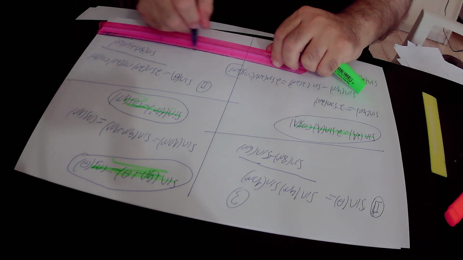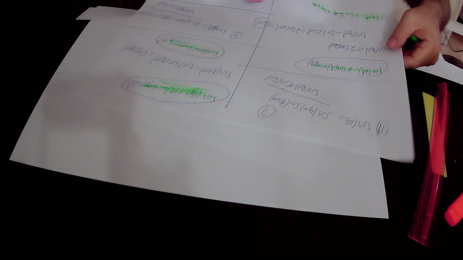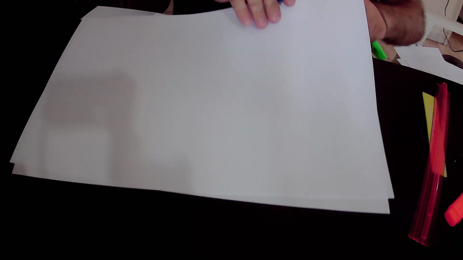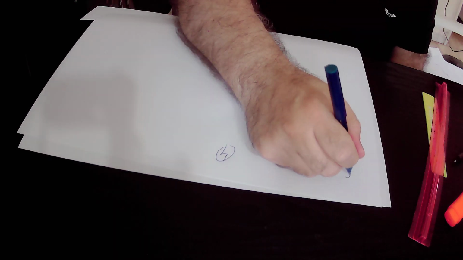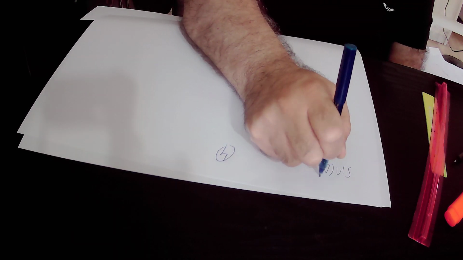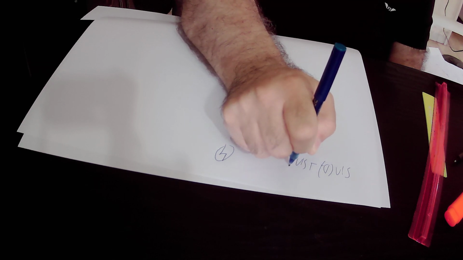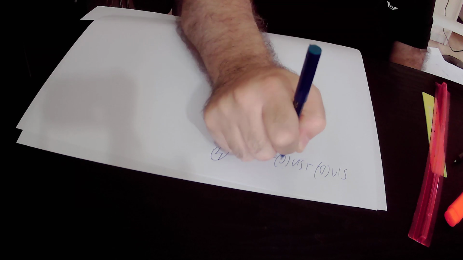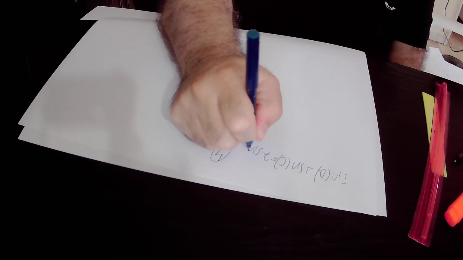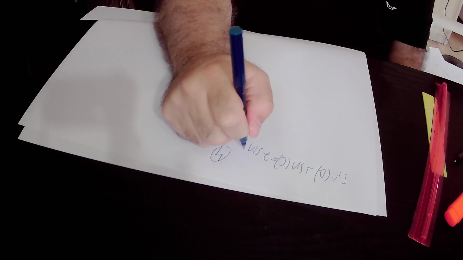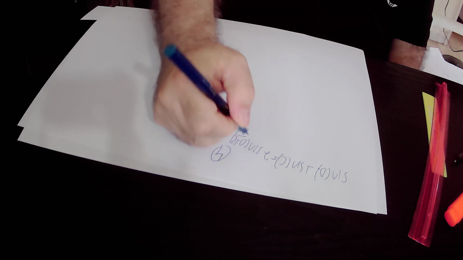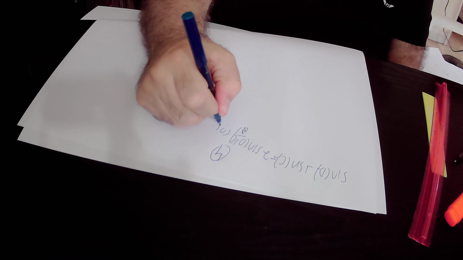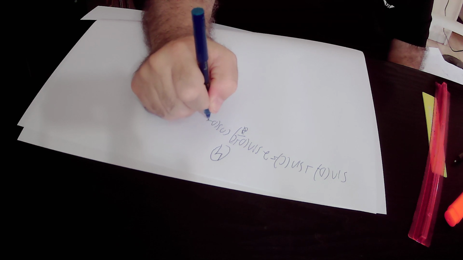So we have another trigonometric identity that says that sine d plus sine c equals 2 times sine of (d plus c) over 2 times cosine of (d minus c) over 2.